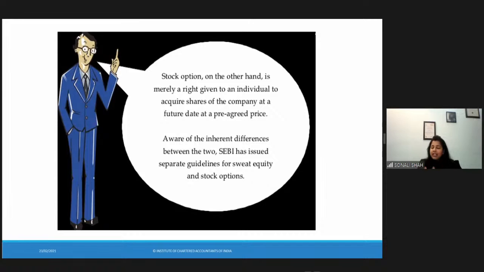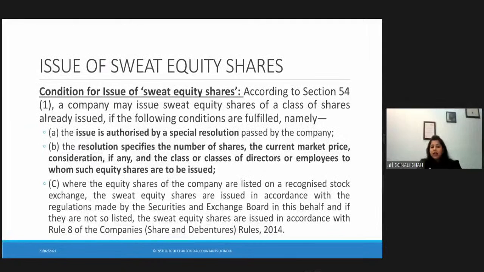So in case of ESOPs, or stock options, shares are not immediately allotted. In case of sweat equity shares, the shares are immediately allotted to that employee. So there are separate guidelines for sweat equity shares and ESOPs that are issued by the SEBI.